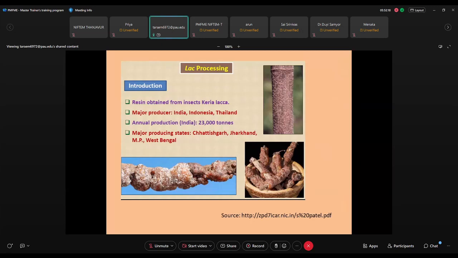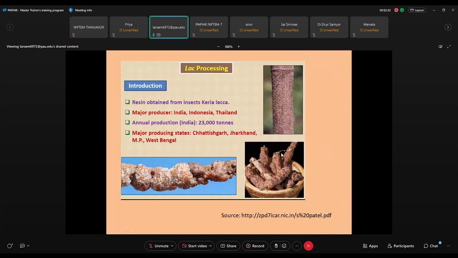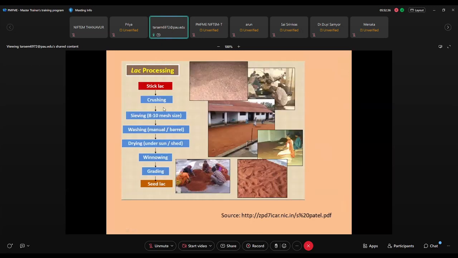In our country, Chhattisgarh, Jharkhand, MP, and West Bengal are the main states producing lac. From the sticks, we do the crushing, then sieving and washing manually, and drying under the sun or shade, and then winnowing so that other material is removed, and grading is done, we get the seed lac.